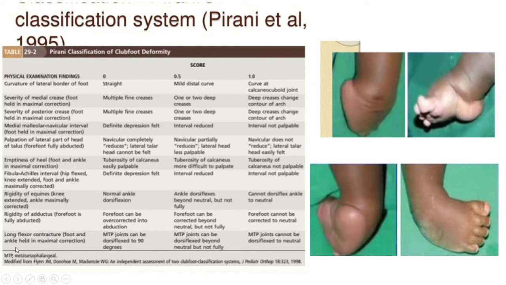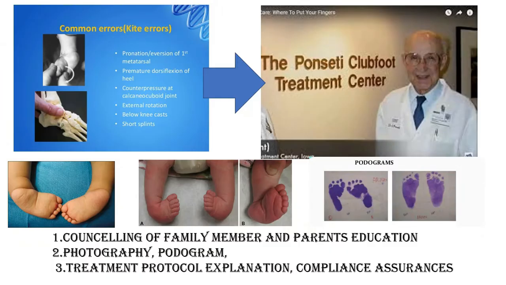All the deformities have to be checked, each and every corrective method, and you have to put the marks and calculate the points. What is the utility? The utility is to assess the correction, that's all. But for undergraduate students, just know the name: Pirani, who created a scoring system which helps in the evaluation of the CTEV child, that's all.